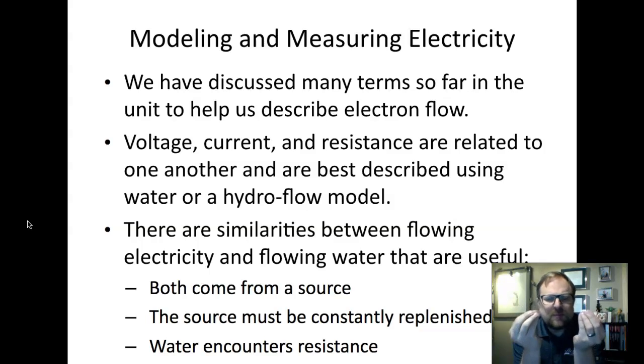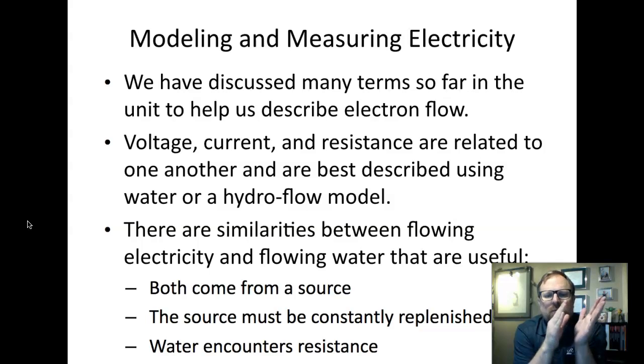These three things can be described in this hydroflow model, and it gives you an idea of how electrons move based on if it's high voltage or low voltage or high current or low current or high resistance or low resistance. There's some similarities between flowing electricity and flowing water that are useful.